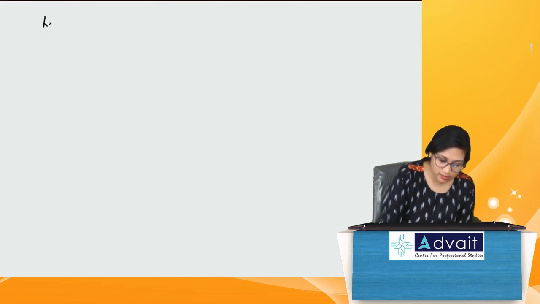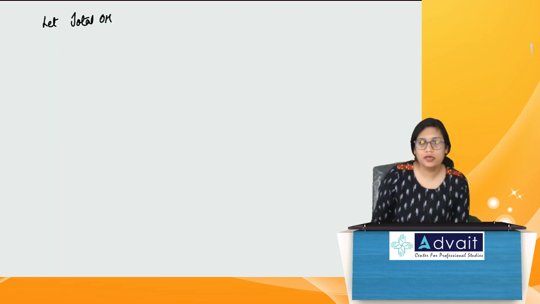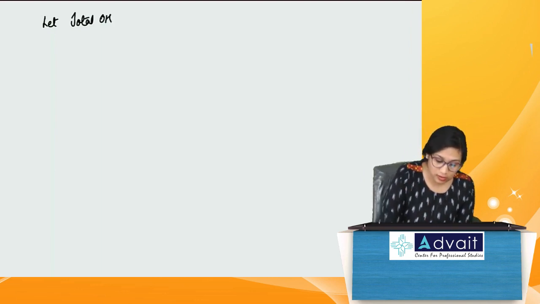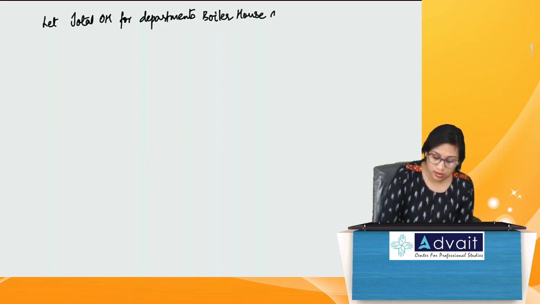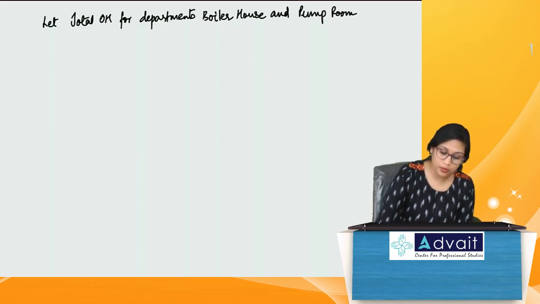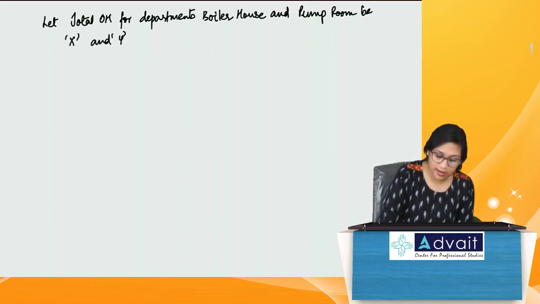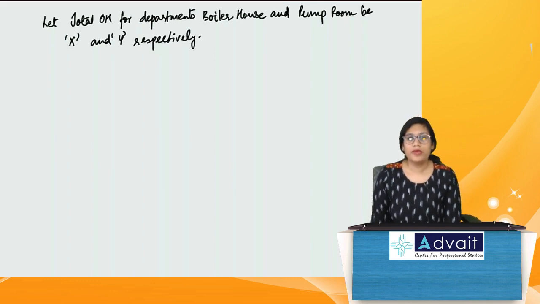So let's say, let total overheads for departments, boiler house and pump room, be X and Y respectively.